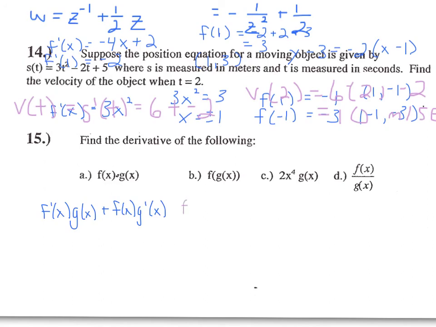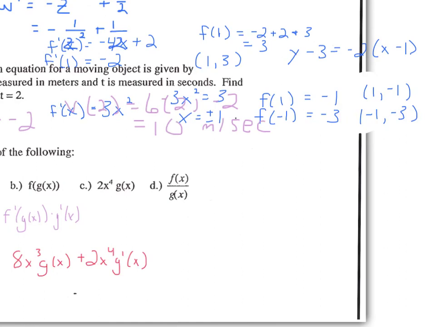So we do f prime of g of x times g prime of x. For part C, we have 2x to the fourth times g of x, and that would be another product rule since we have two functions multiplied together. So that would be 8x cubed, derivative of the first times the second, plus the first times the derivative of the second.